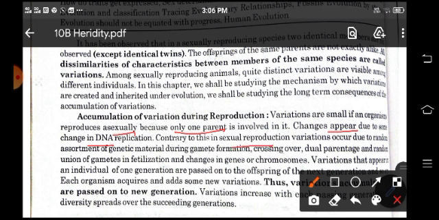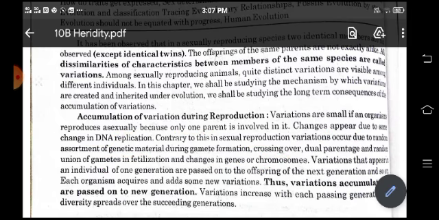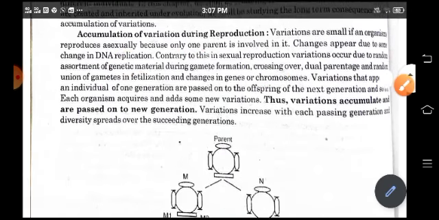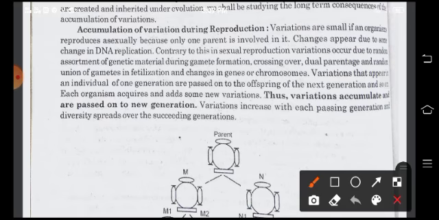But in sexual reproduction, variations occur due to random assortment of genetic material during gamete formation, crossing over, random union of gametes in fertilization, and changes in genes or chromosomes. So variations accumulate and are passed on to the new generation.